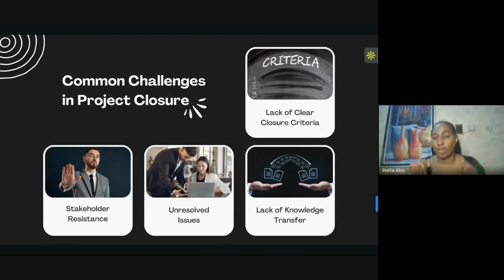But if we don't have that clear checklist, for example when we built the transfer, when we built a mobile wallet, and the mobile wallet is able to do XYZ, then we're done. If we don't have that clear cut, it will be hard for us to hand over the project because we don't even know if we are done.